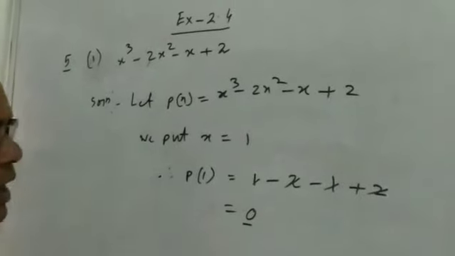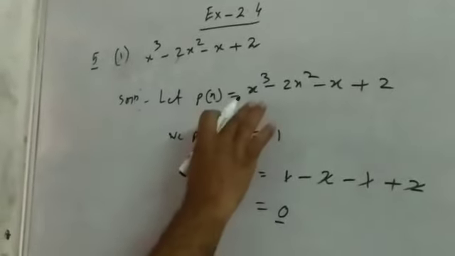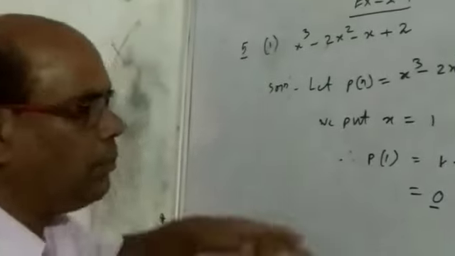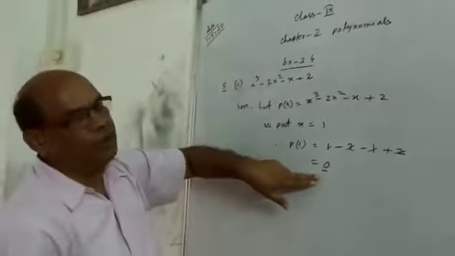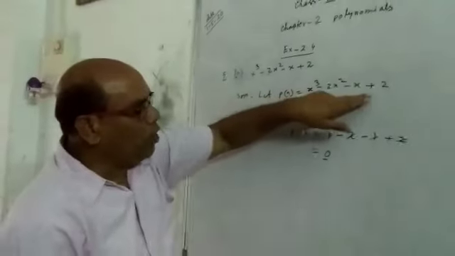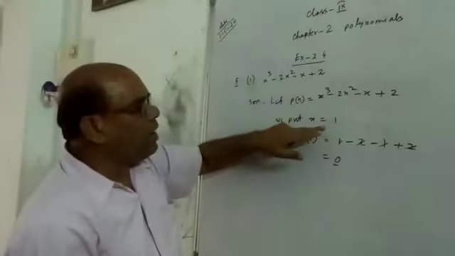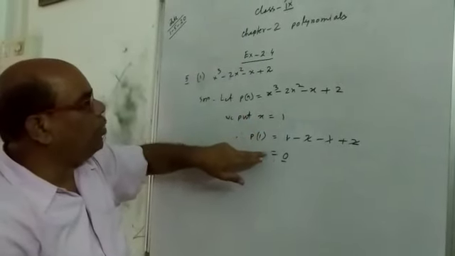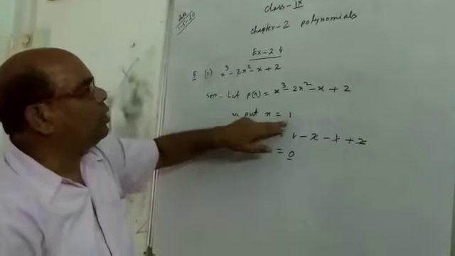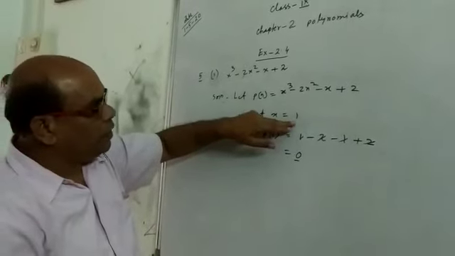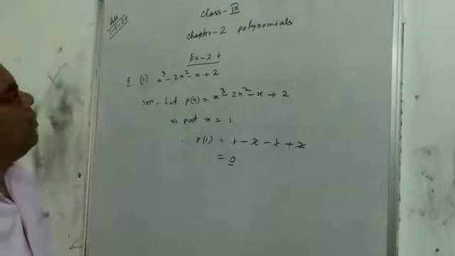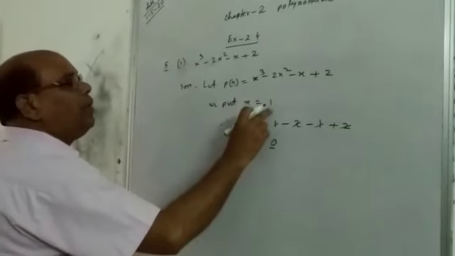Means 1 is a zero of this polynomial. Remember that for any value it will not become 0. Here it is a cubic polynomial, so there are 3 values for which the value of the polynomial will be 0. Out of 3, 1 we got: x equal to 1.